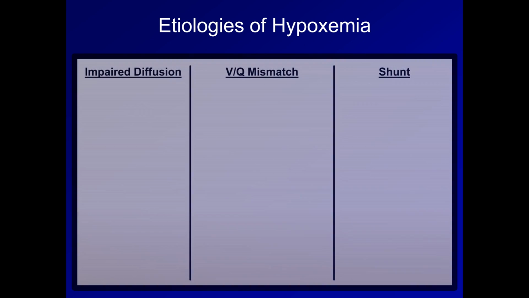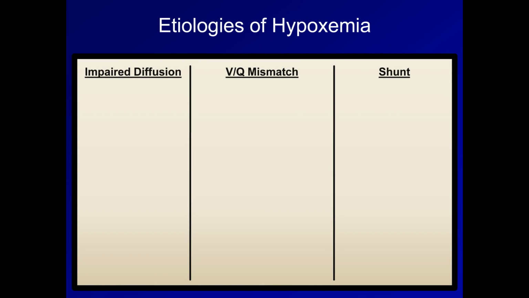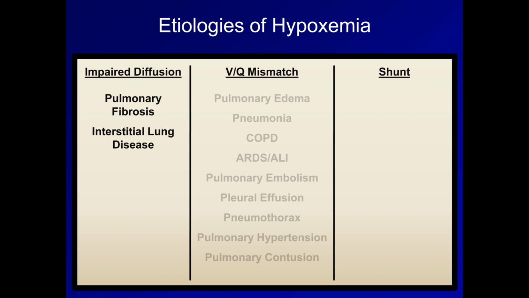Now that we've reviewed 3 major mechanisms of hypoxemia, it may be tempting to begin categorizing individual etiologies by mechanism. For example, since I used pulmonary fibrosis in the discussion of impaired diffusion, it would seem natural to categorize it as so. And I could continue with listing a bunch of diseases and pathologic problems in the mechanistic categories.